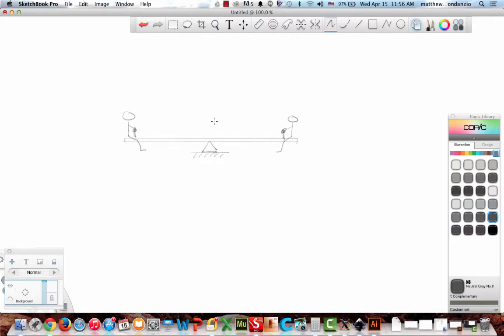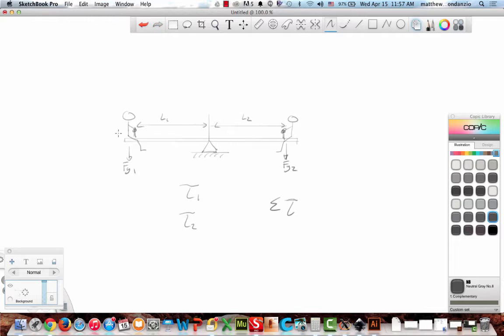So, if I have my length L1 and my length L2, and I have a force of gravity for 1 and a force of gravity for 2, I can actually sum up these torques. There's a torque for 1 and there's a torque for 2, and I can actually sum up the torques.